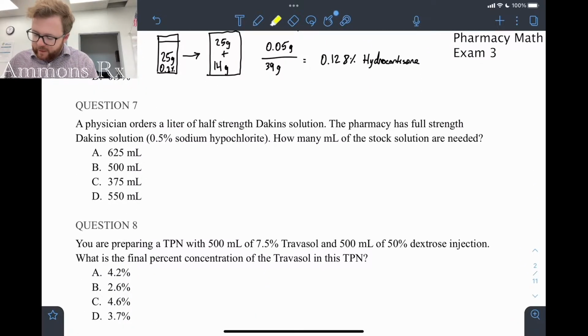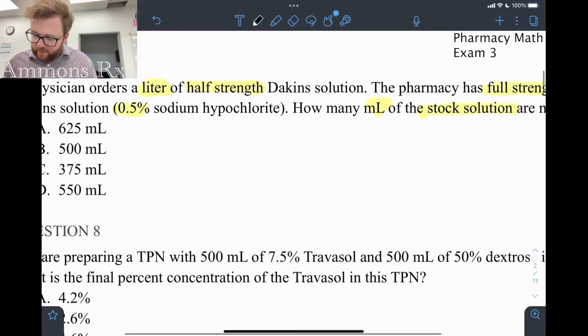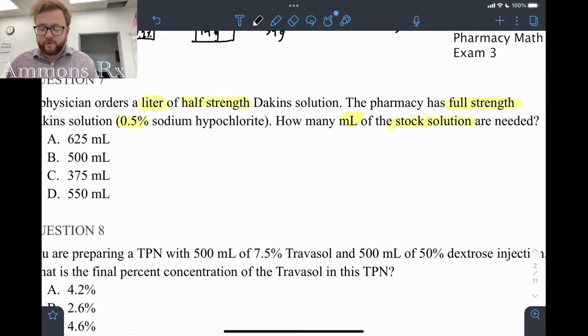A physician orders a liter of half strength. The pharmacy has full strength, which is 0.5. How many mils of the stock are needed? Okay, so there's quite a bit here, but we basically need a liter of half strength.